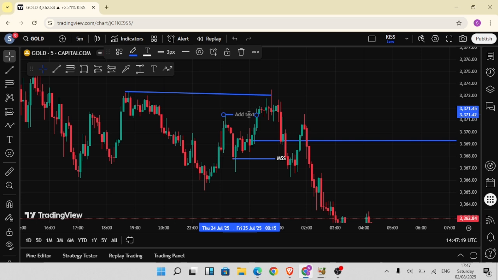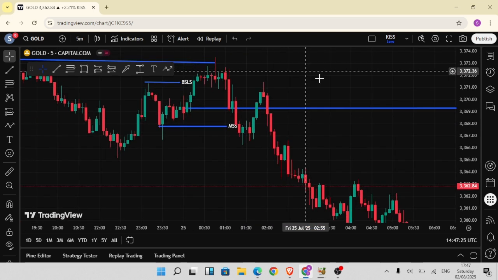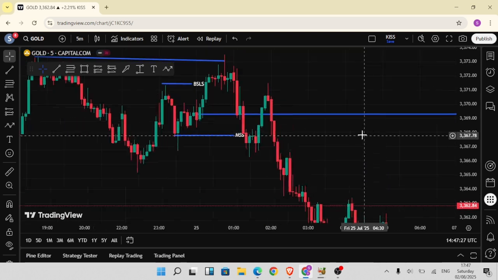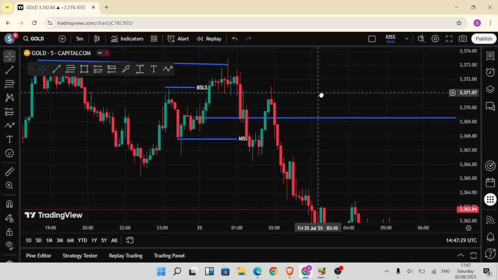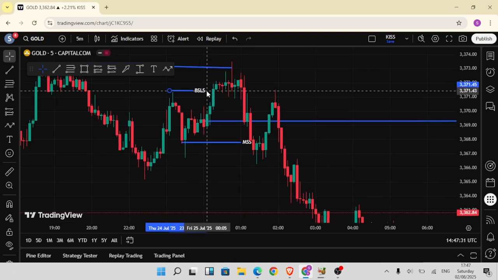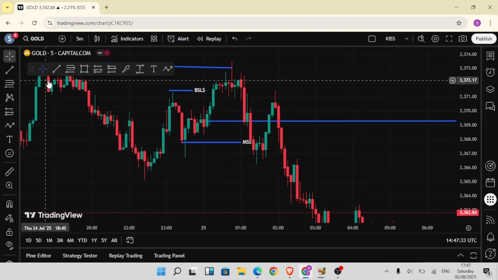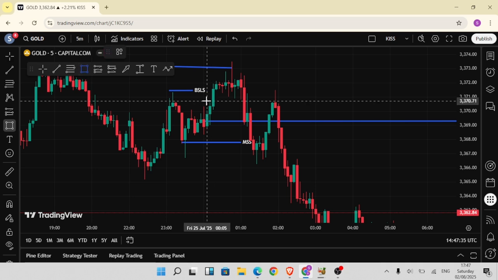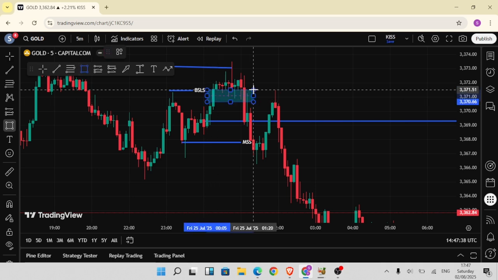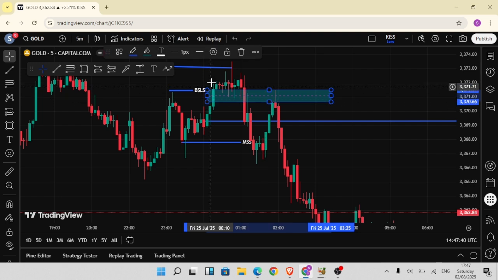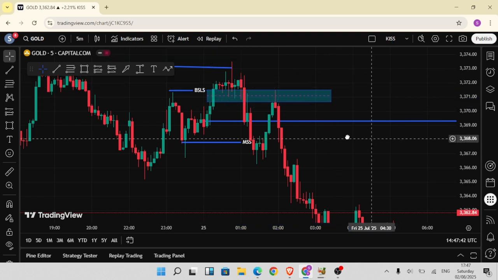This was a liquidity sweep on the upside, a backside liquidity sweep. So once that has happened, you now want to get entries. For example, in this case, you want to look for fair value gaps. Actually, you should primarily use fair value gaps. You see this inverted fair value gap right here.